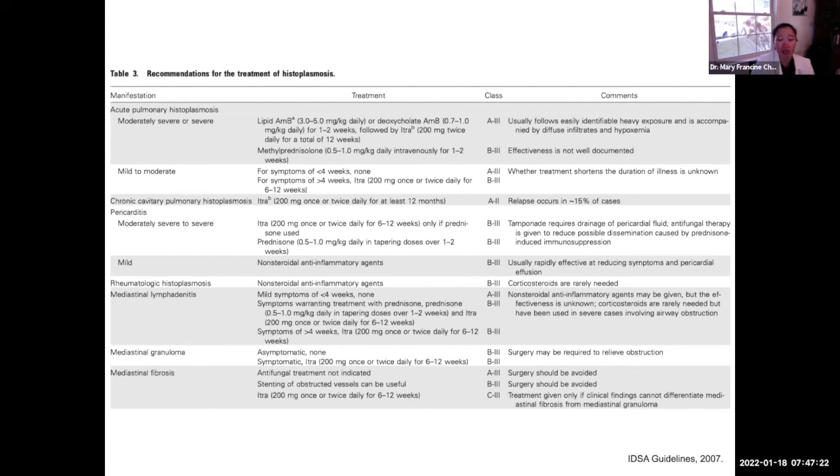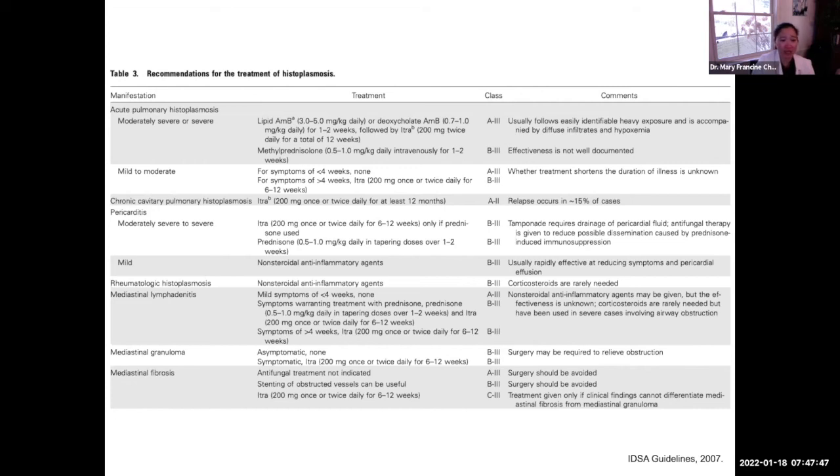For mild pericarditis, really the thing you give them is NSAIDs. There is no indication for treatment with antifungal agents for mild pericarditis. For rheumatologic histoplasmosis, it is really just NSAIDs. Corticosteroids are rarely needed and no antifungal therapy is indicated.